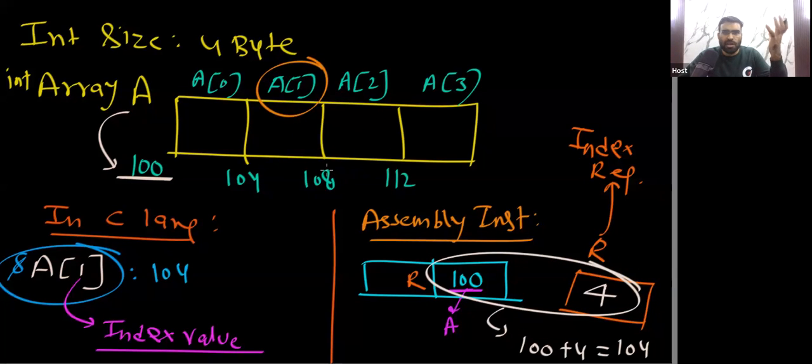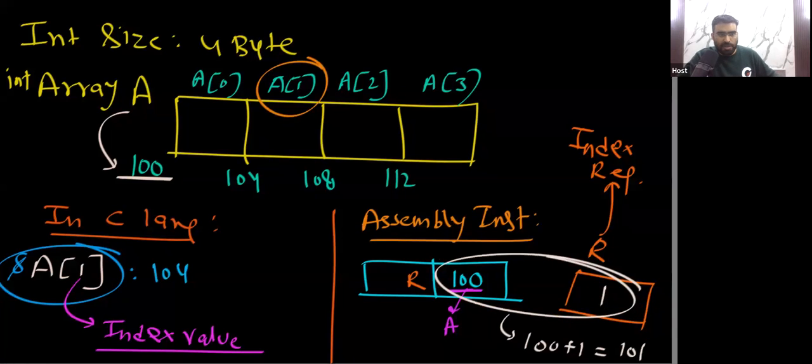So basically you are having the facility only. You can write A1, but ultimately the compiler will put 4 here. Is this point clear?